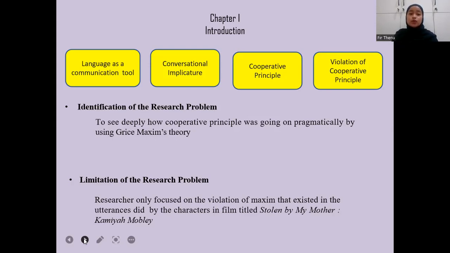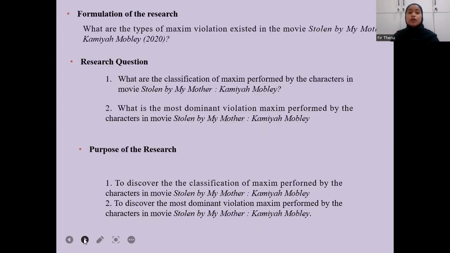For the identification of the problem, the researcher wants to see deeply how the cooperative principle was violated dramatically, by using Grice's maxim theory. The limitation of the problem: in this research, the researcher only focuses on the violation of the cooperative principle by using the four maxims of Grice's theory, 1975.